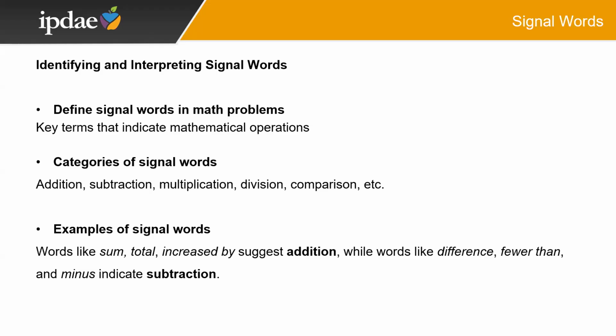But your students do need to be aware of all the different kinds of terms that could signal different types of computational maneuvers, right? Whether they need to add, subtract, multiply, divide. We don't need to teach them that these are 100% restrictive and this will always mean this, but that these generally will clue you in towards a certain type of process, right?